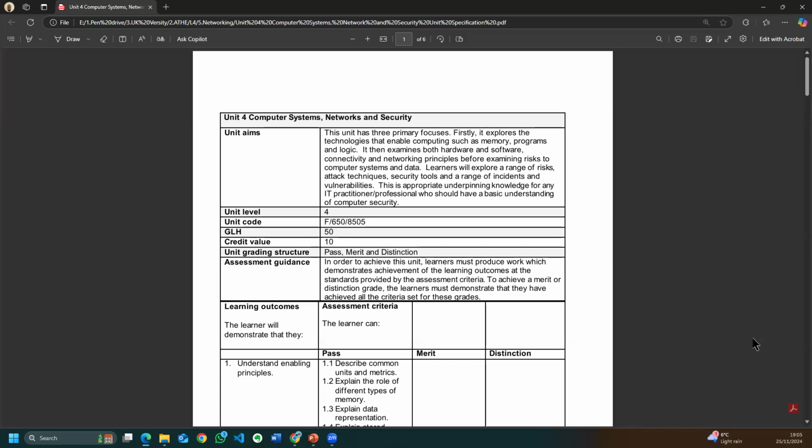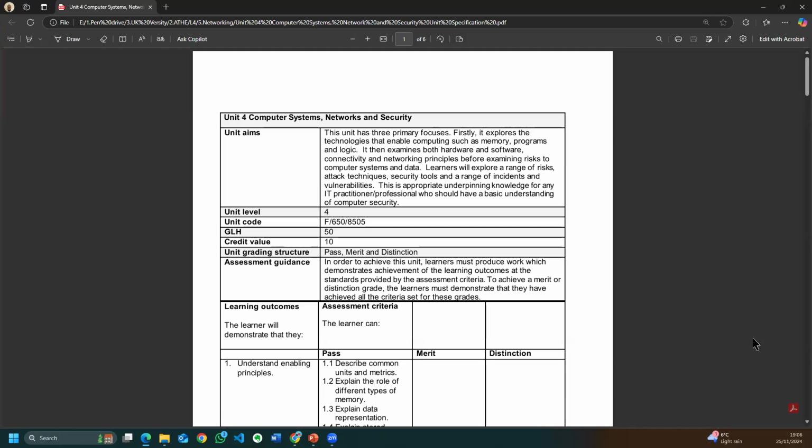We all know that this approach is for underpinning knowledge for any IT practitioner, professional who should have a basic understanding of computer security. This is a level 4 qualification, and each assignment will be graded with a pass, merit, and distinction.